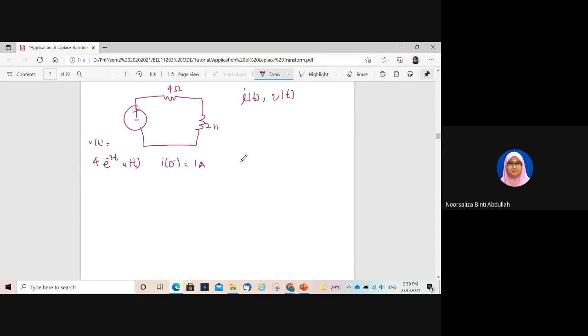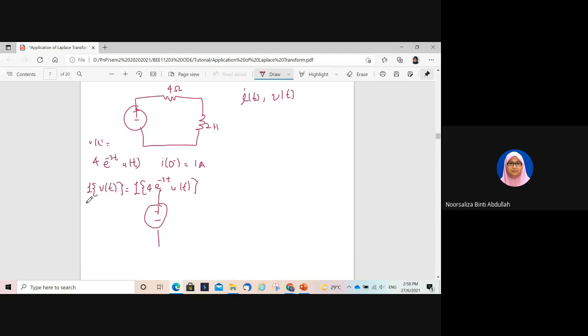So this one, this VT, you convert to frequency domain. VT equals to, you find the Laplace for 4 exponent minus 3t ut.